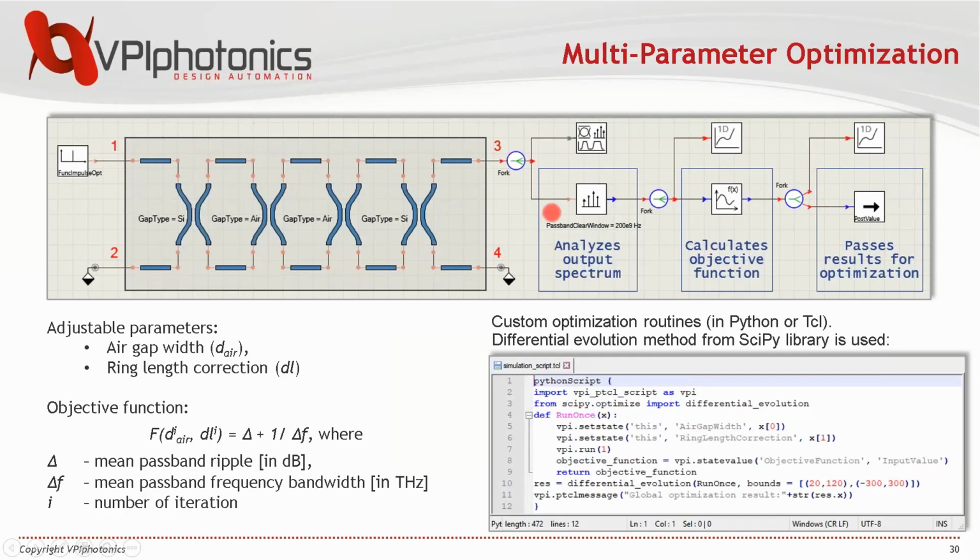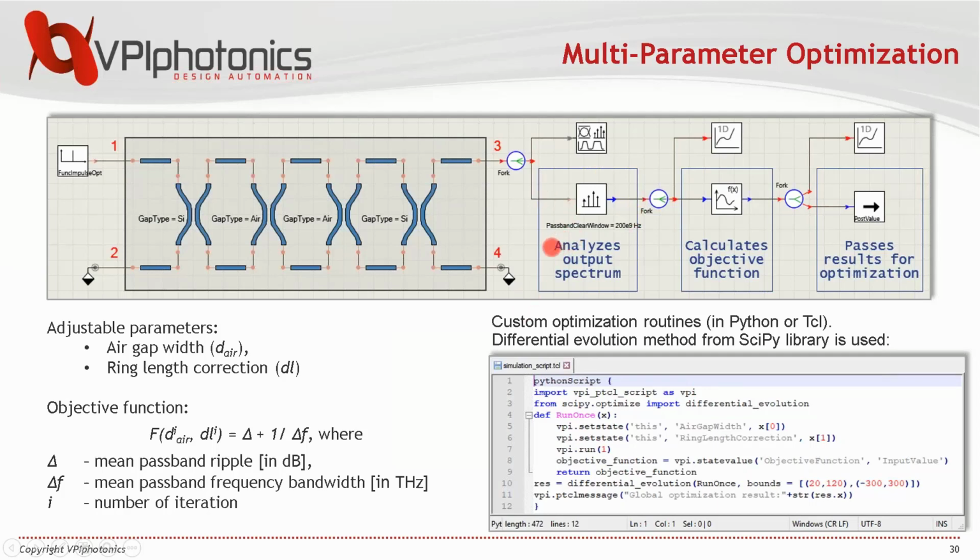And so we need a characteristic to tell whether our filter is good for the current settings of the parameters or not. So in order to do that, we need a figure of merit or objective function, which we need to minimize. And so we use characterization tools here.